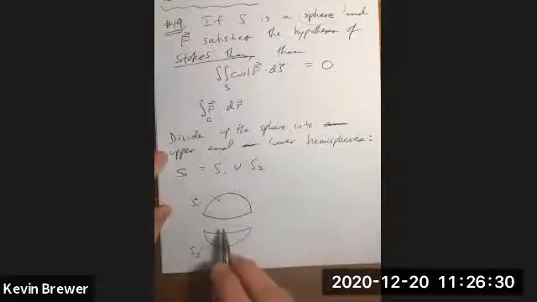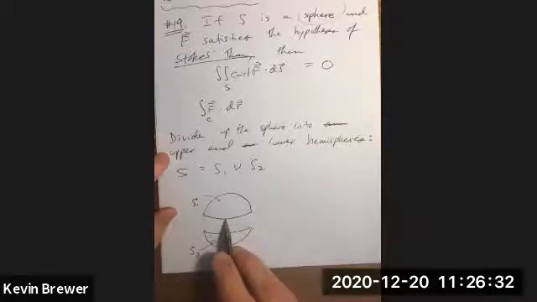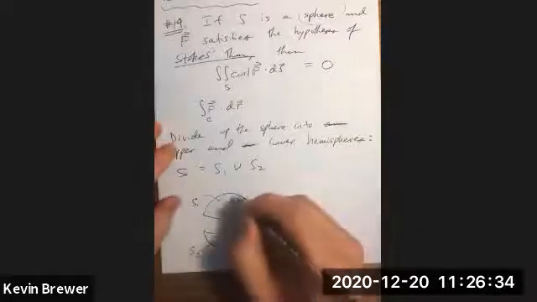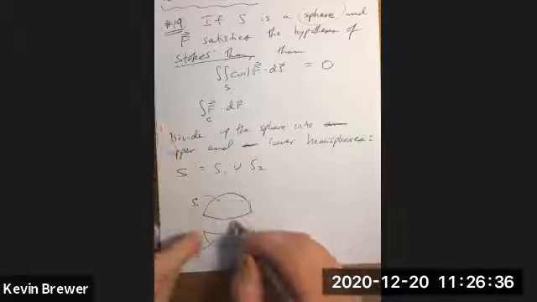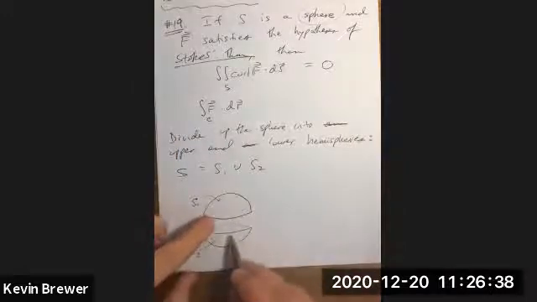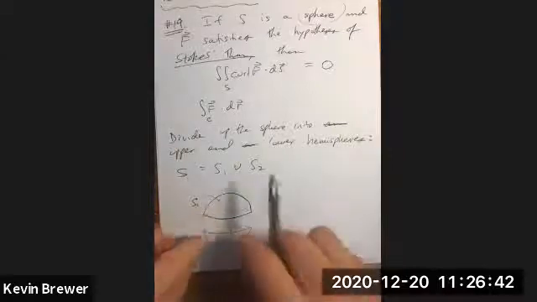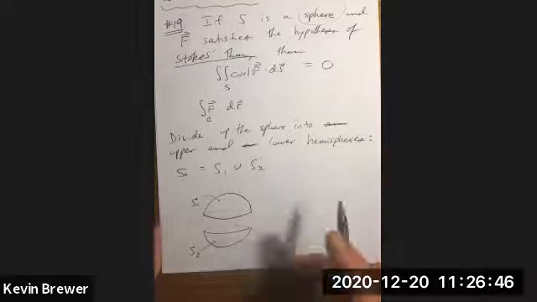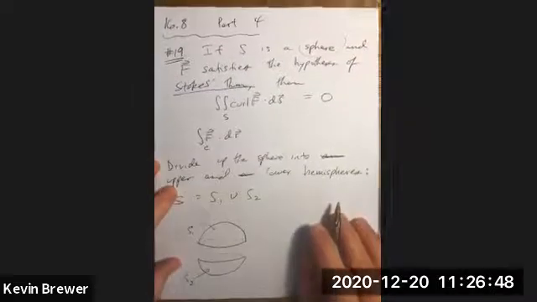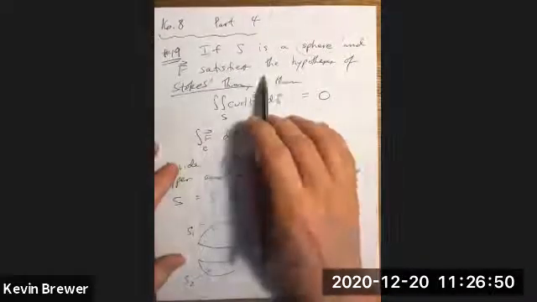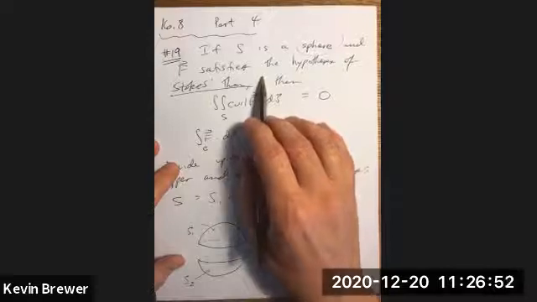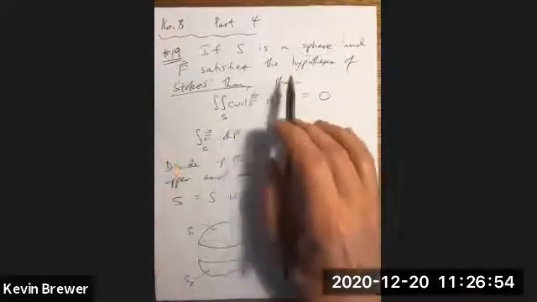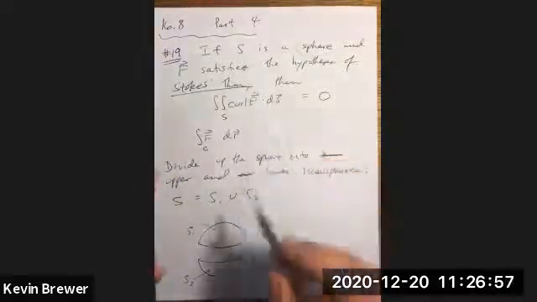Now, each of them has a boundary curve C, and it's the same set of points, even though I've separated them a little bit. We're not given whether to think in terms of outward or inward orientation here, but it turns out that won't matter.